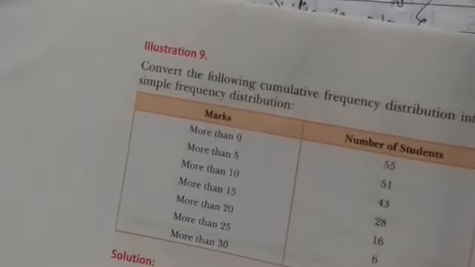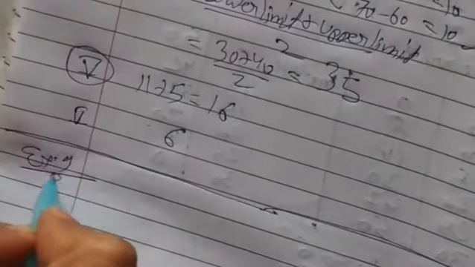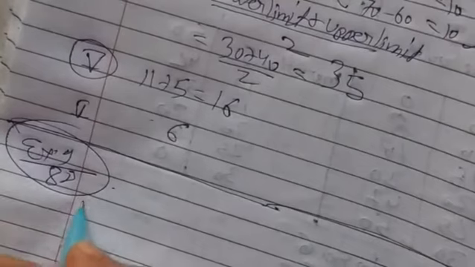So I'll make it here. Exercise 9, page number 88. Marks: more than 0, 5, 10, 15, 20, 25, 30.